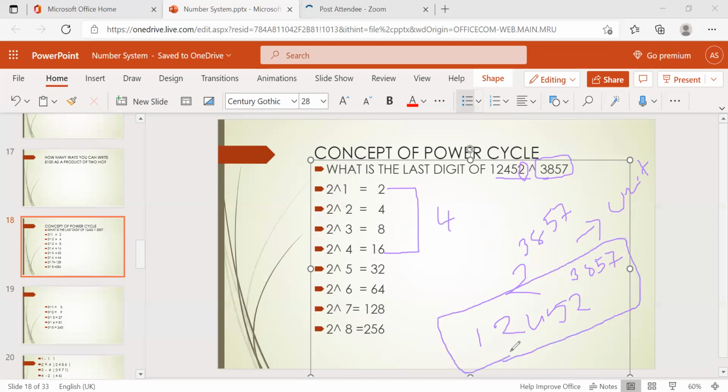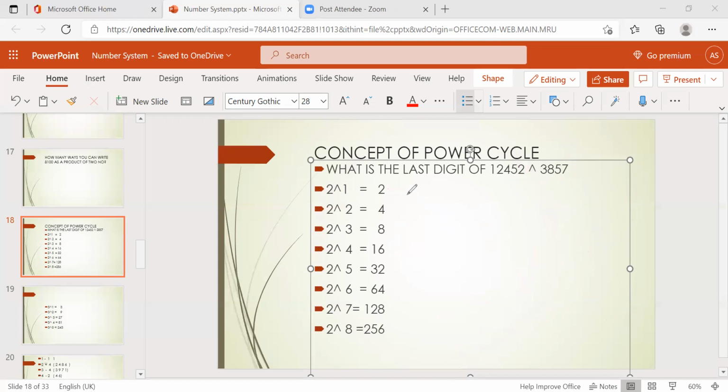So to find the last digit of 12452 power 3857, instead we can find the last digit of 2 power 3857. Is it not easy, right? Remember this. But 2 power 3857 is not an easy value. Then how do we find it?